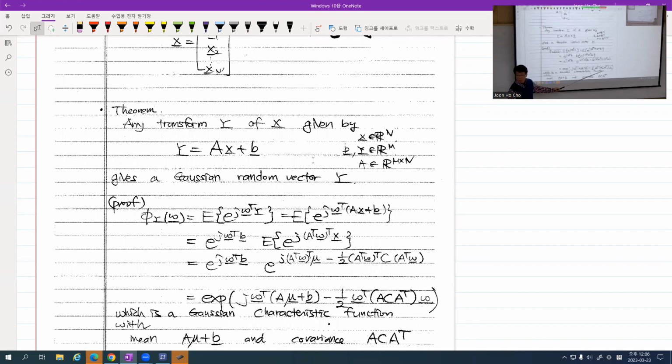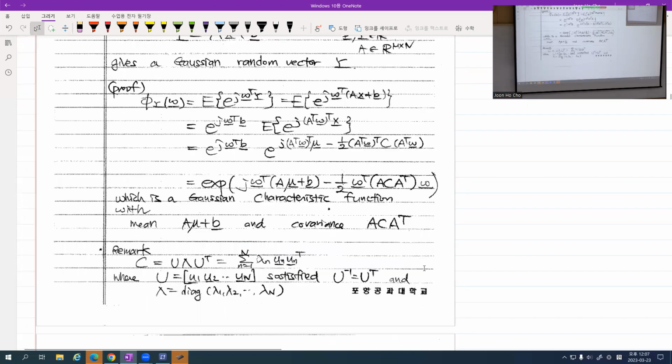What does that mean? It's Gaussian. This form means Gaussian. Also, this becomes the mean vector. Naturally, A times mu x plus b is the mean. And what is the covariance? You subtract b and subtract the mean of x, and then you have that covariance matrix. Got it? So the characteristic function is always very, very useful when you handle Gaussianity.